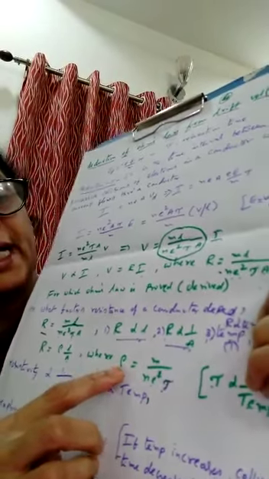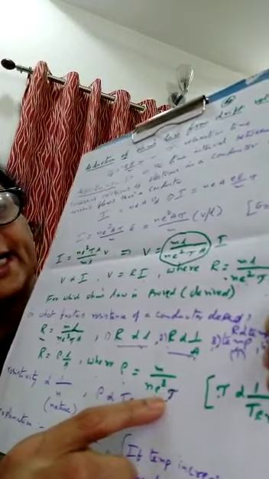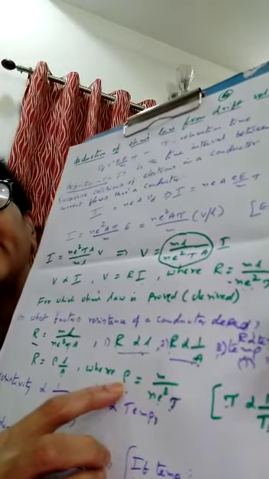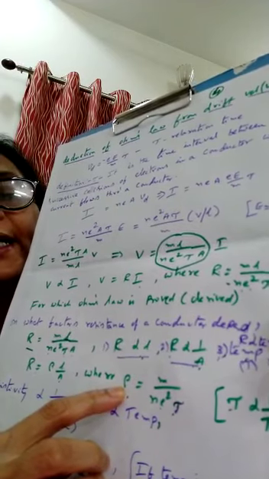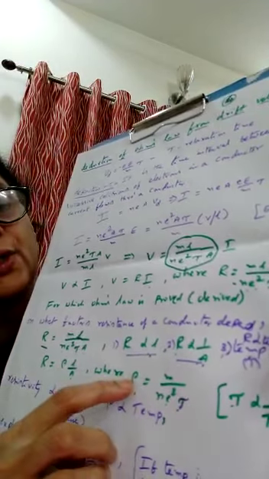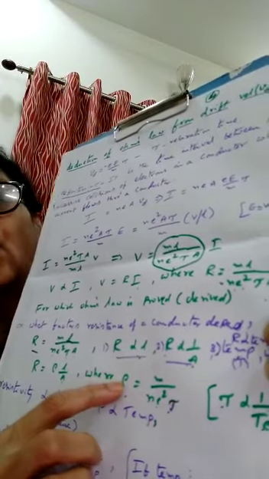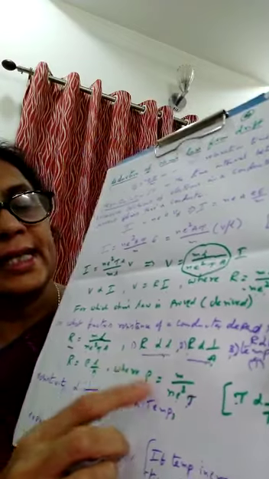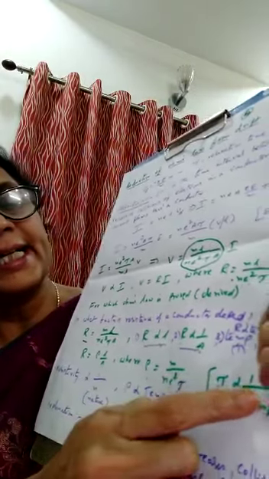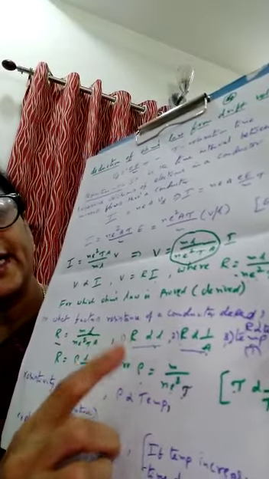Once again I repeat, if the temperature increases, the relaxation time will decrease, and so resistivity will increase, because rho and tau are inversely proportional. If tau decreases, rho will increase.